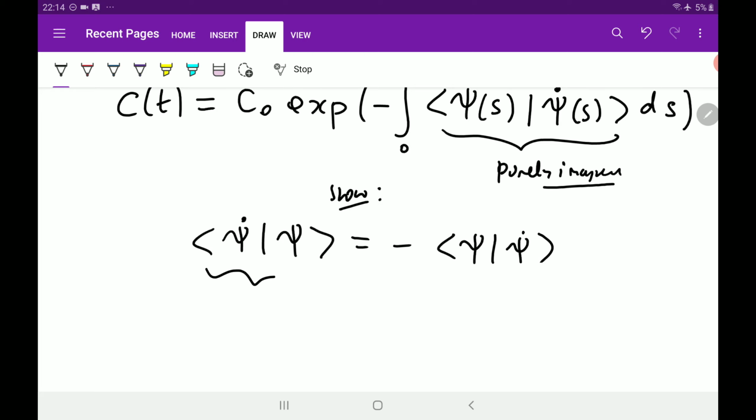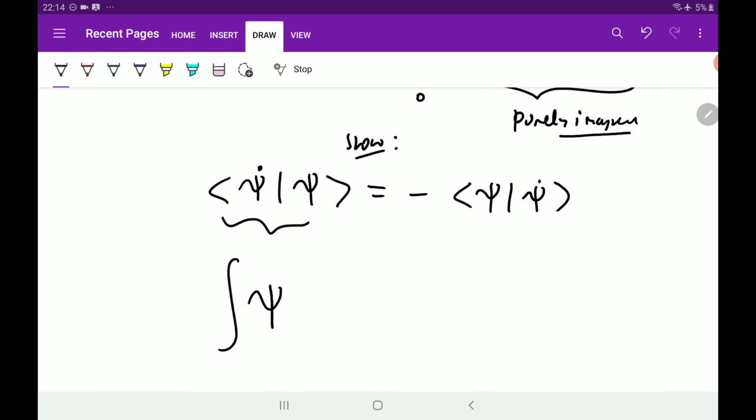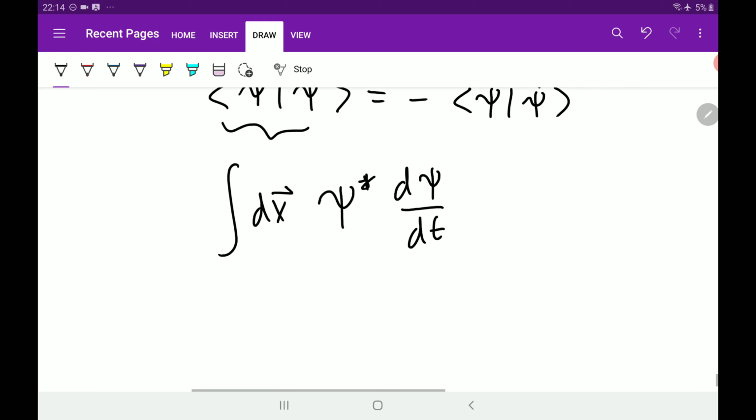To do this, you actually have to compute this, you have to write it out. These are L2 functions. So essentially, this is the integral over space of the complex conjugate of psi times d psi by dt.